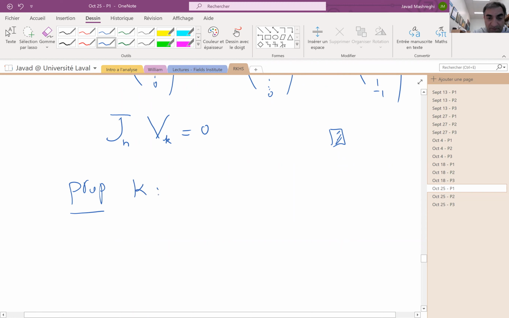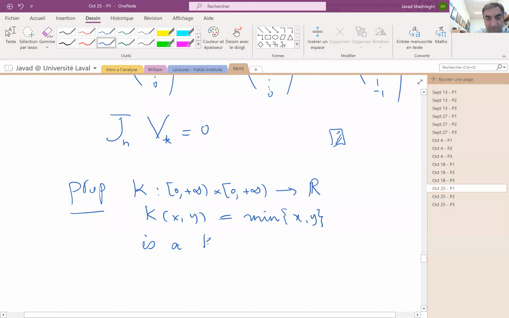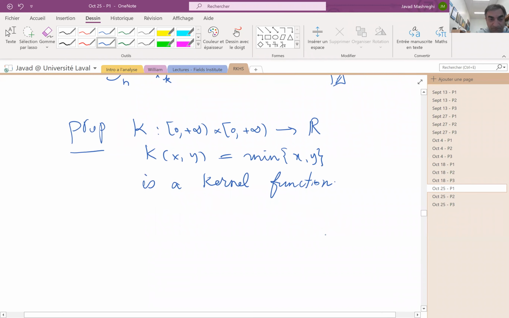K defined on 0 to infinity times 0 to infinity to R by K(x,y) is a kernel function. So what do I need to prove? I need to consider endpoints.